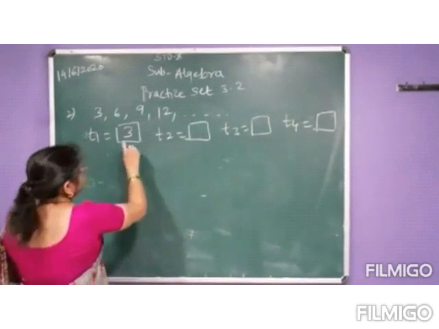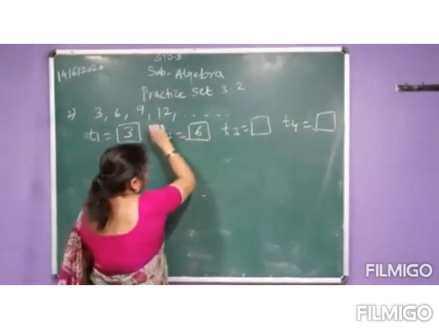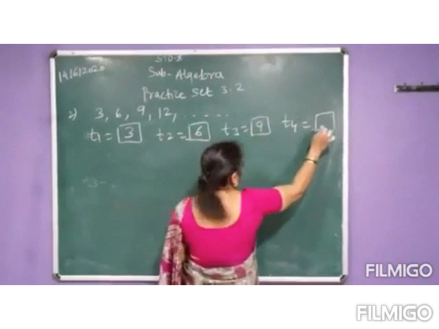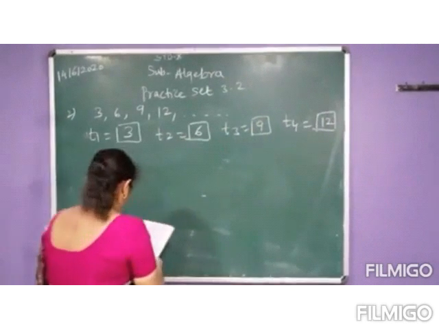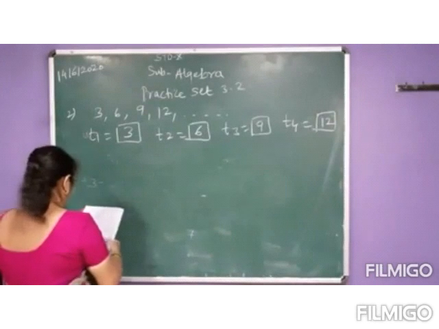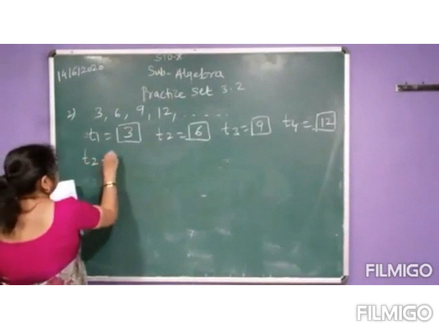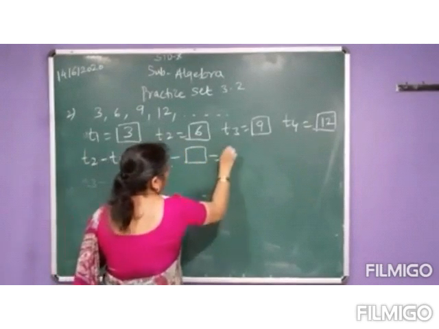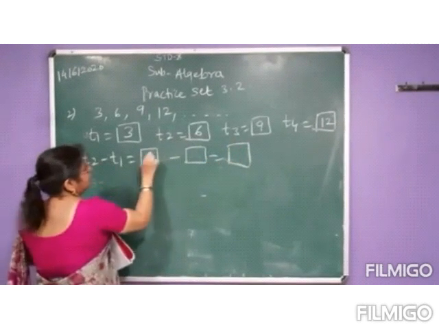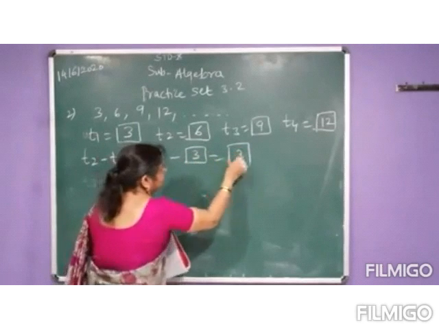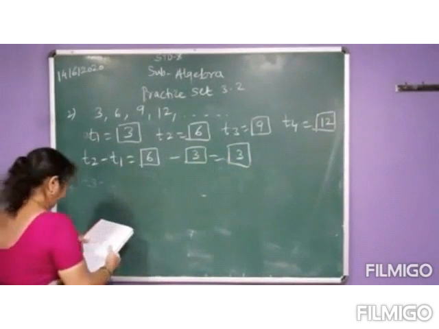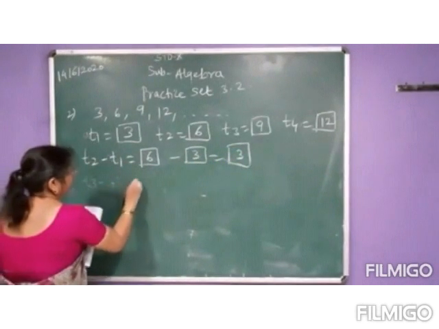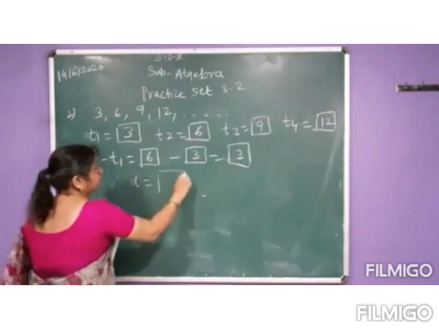Then T2 is what? 6. T3 is 9. T4 is 12. Now what we have to find out is T2 minus T1. So one box minus another is equal to answer. That is T2 is 6 minus 3. What is your answer you will get here? 3. Correct? Therefore, D is equal to 3.